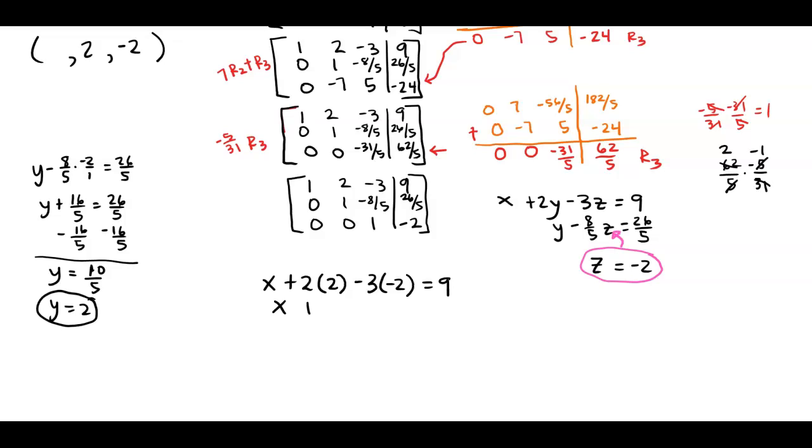I'll just simplify this. I'll subtract the 10 over, and I get x equals negative 1. So that would be my answer there: negative 1, 2, and negative 2.